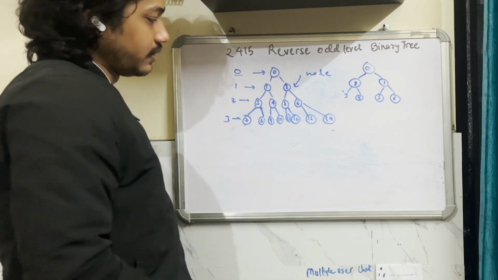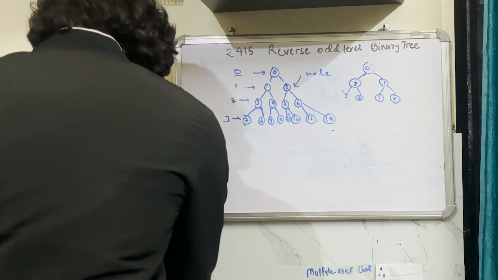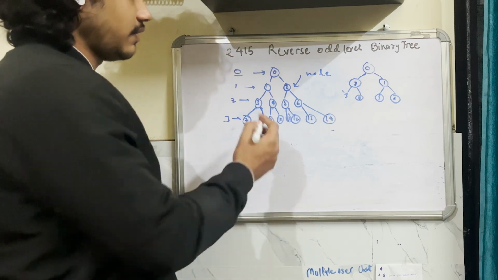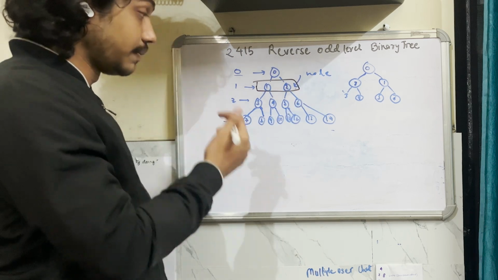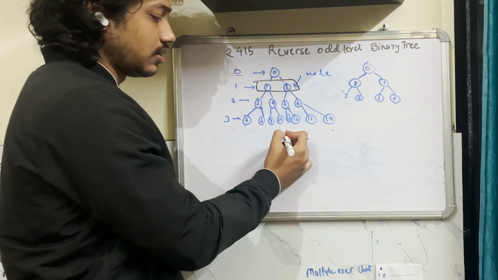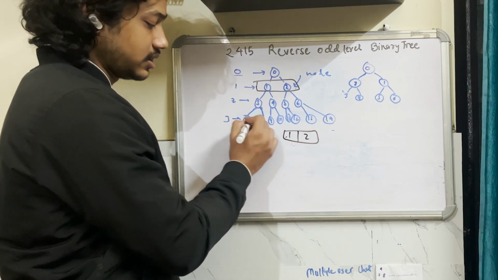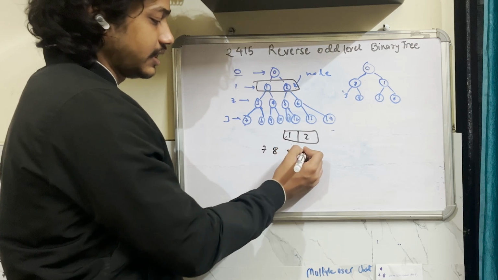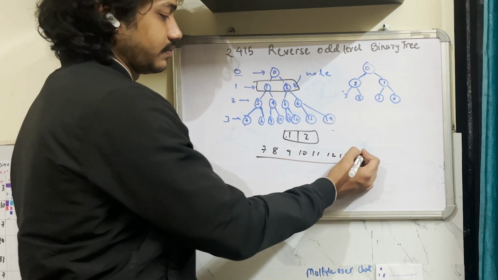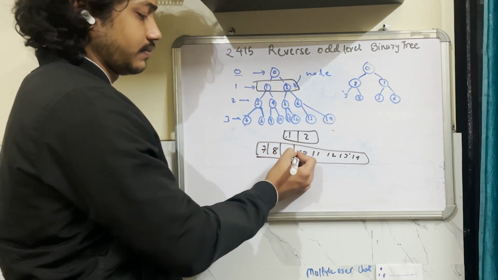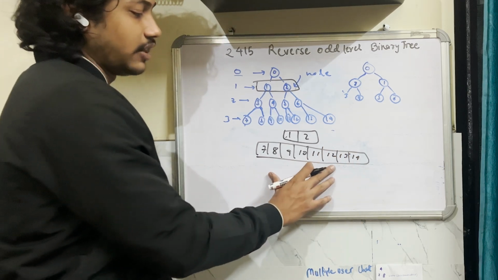If you look at what we are doing at a level, let me just show you. If you are at this level, you are just swapping the values of that level. Or if you are at this third level, which is 7, 8, 9, 10, 11, 12, 13, 14, this was your array, and you just reverse it.